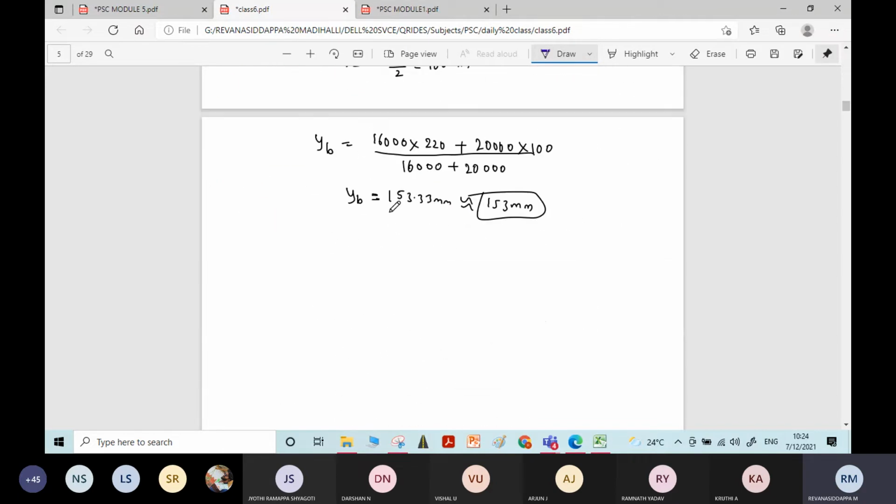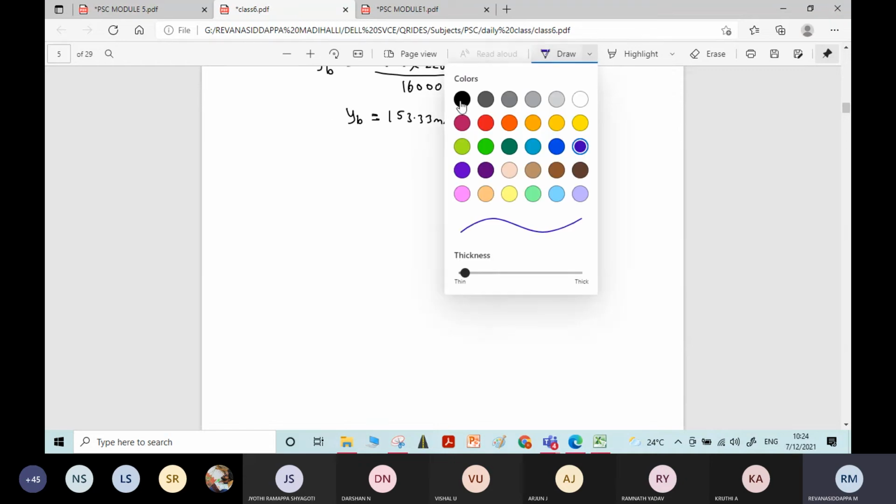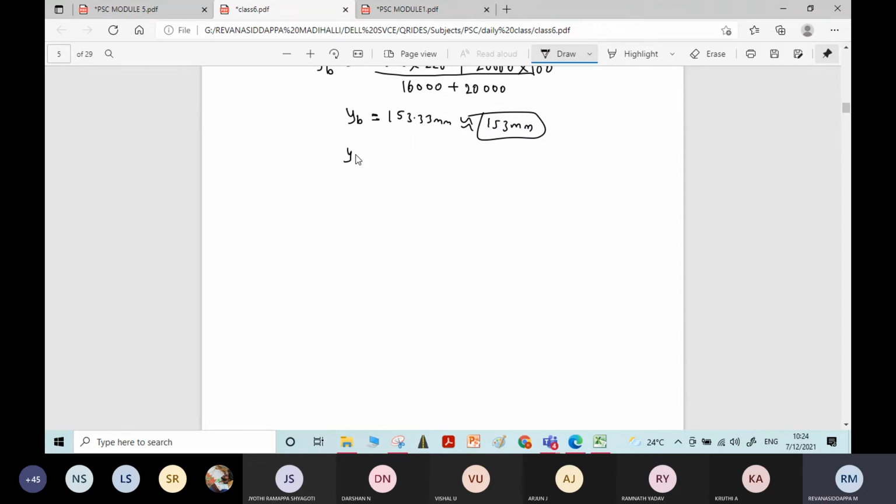Therefore YT is equal to 200 plus 40 minus 153, which gives 87 mm, because that is also needed to calculate the stresses.